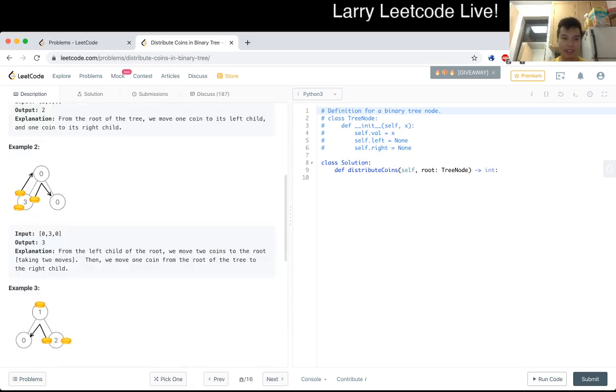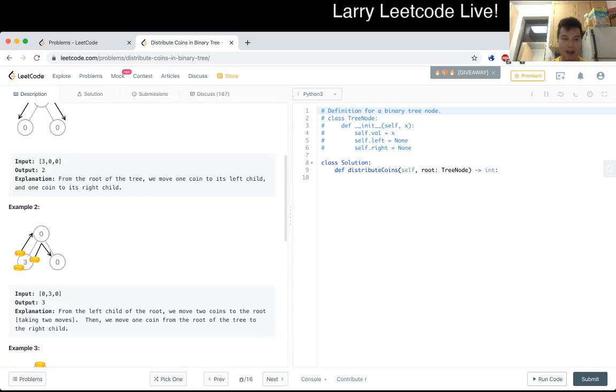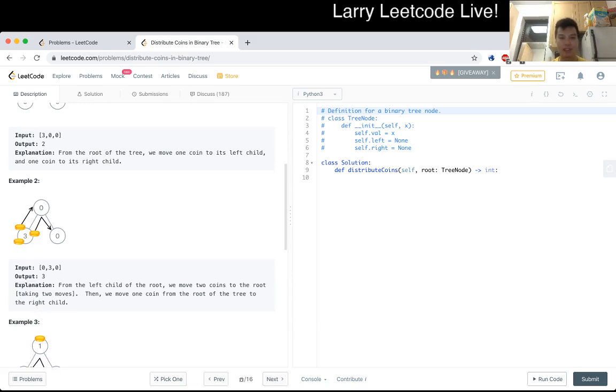But I think the tricky case would be something like this, right? And in something like this, there may be fancy ways of doing it, but how I would think about it is still you count the number of coins on the left and the number of coins on the right. And oh yeah, that's what I was going to say: I want to say this in a more precise way because I don't want to mess up.